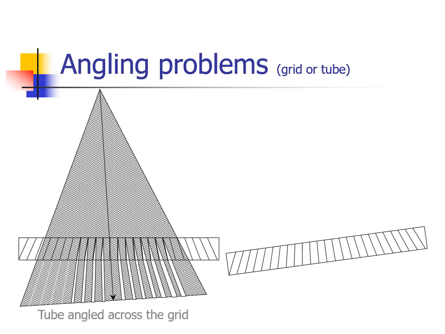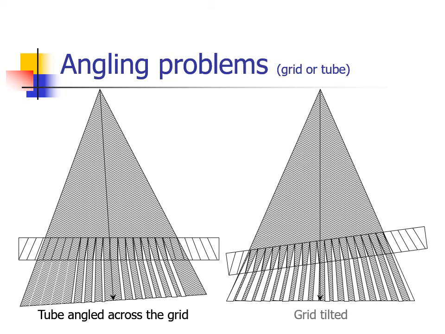This first example illustrates what happens when the tube is angled across the grid. In this case, the tube is angled to the right of the table. The cutoff is greatest on the right side of the image. The second example illustrates what happens when the grid is tilted to the left, as in a poorly positioned portable. Notice the grid cutoff is greater on the left side of the image.